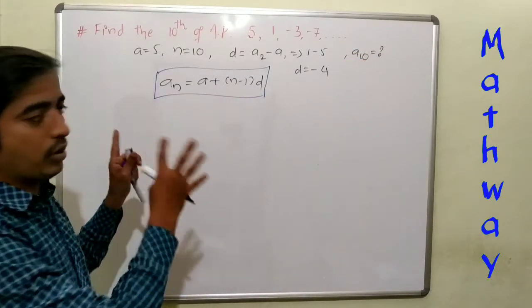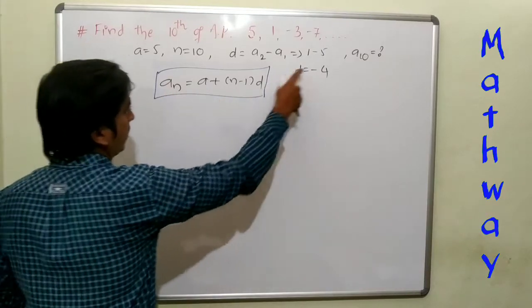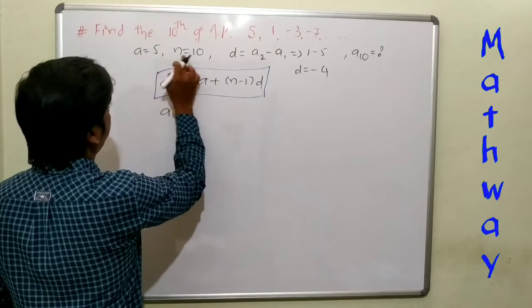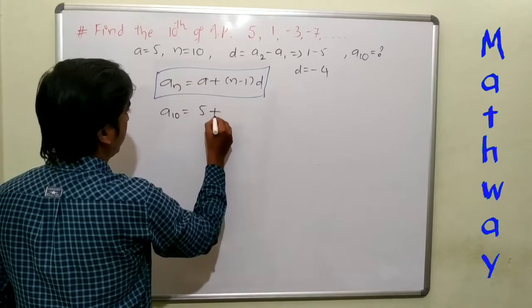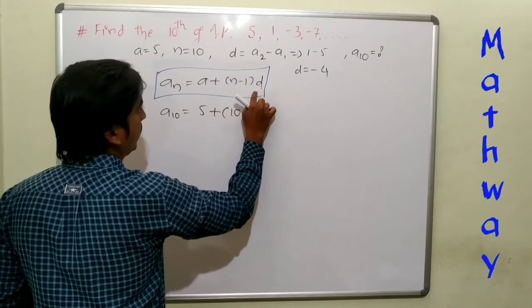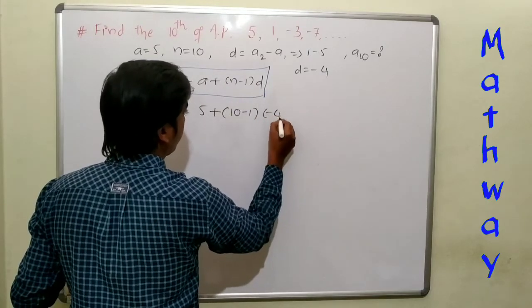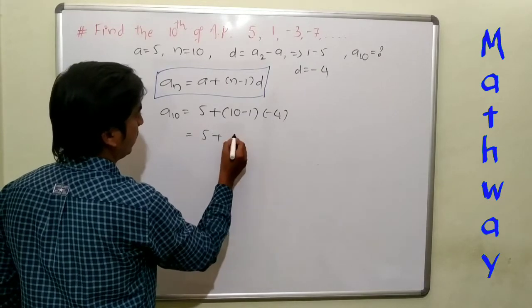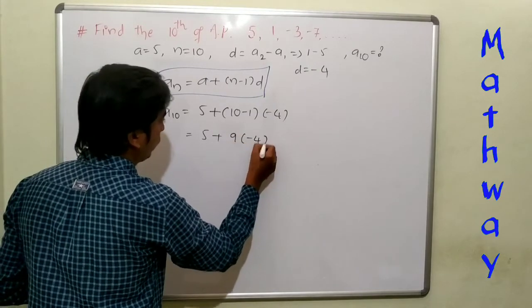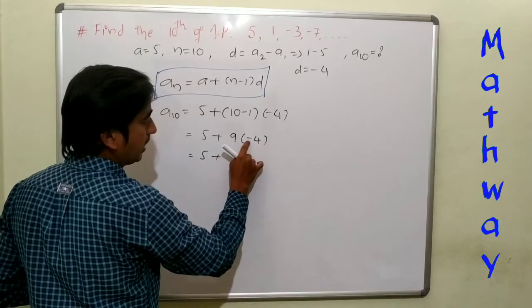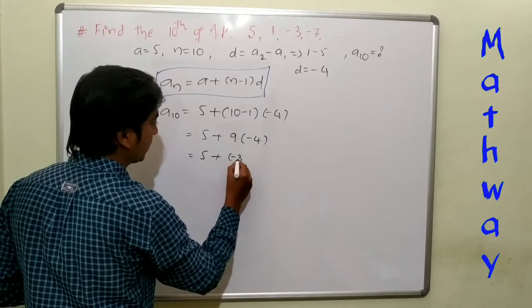Let us substitute all these values in the formula. a_10 equals a, which is 5, plus (n minus 1), where n value is 10, so 10 minus 1, into d. d is minus 4. So 5 plus (10 minus 1) which is 9, into minus 4. 5 plus 9 fours are 36, and it is minus there, so it is minus 36.